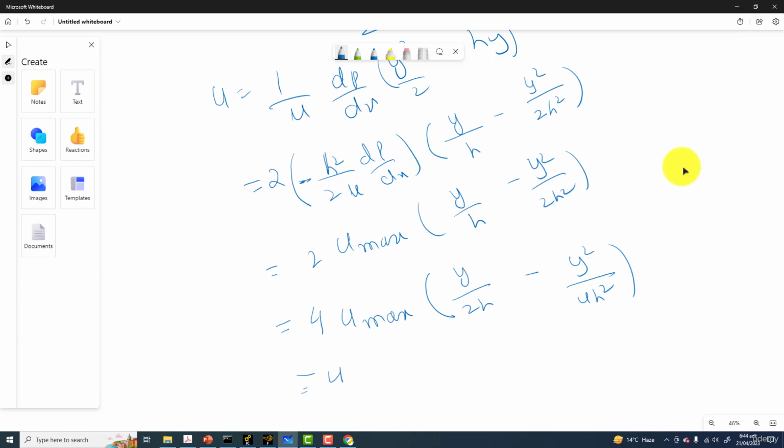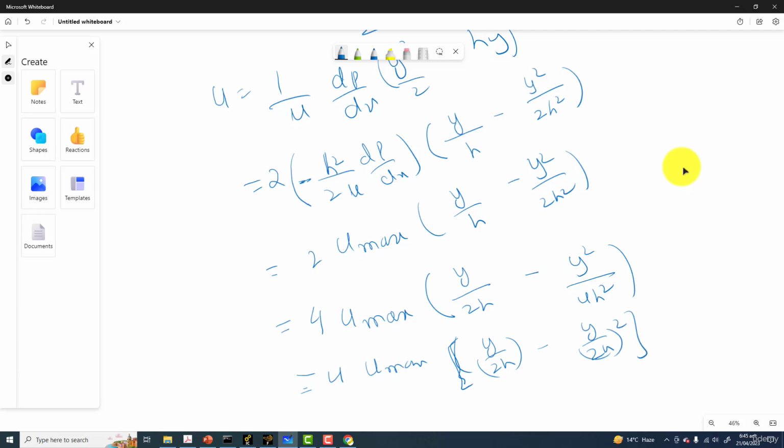So we can write down this thing as 4 u max, square bracket, y upon 2h minus y upon 2h whole square.